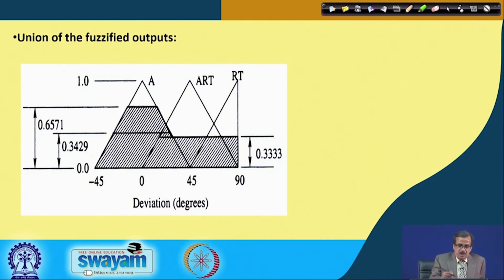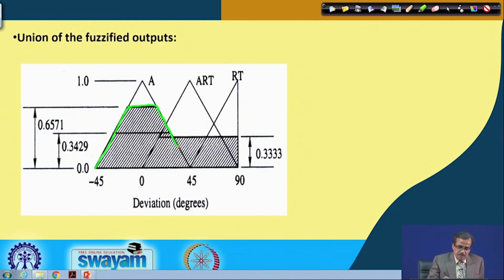Now, corresponding to one of the fired rules, you will be getting this type of output. Corresponding to another rule, the output was something like this. Then corresponding to another fired rule, the output is something like this.